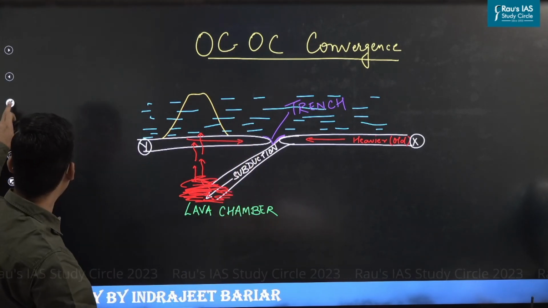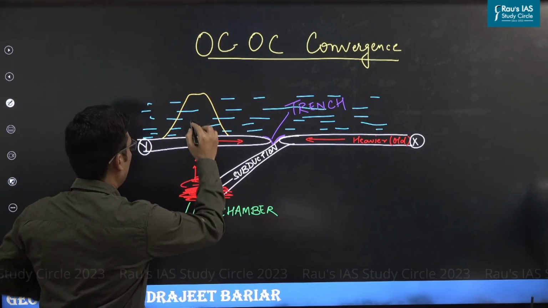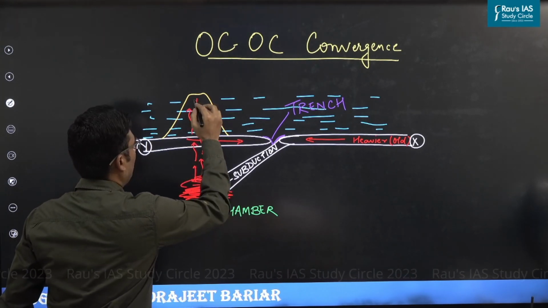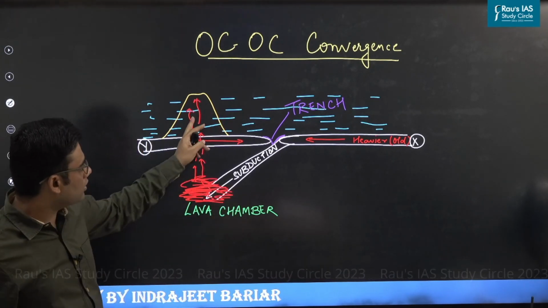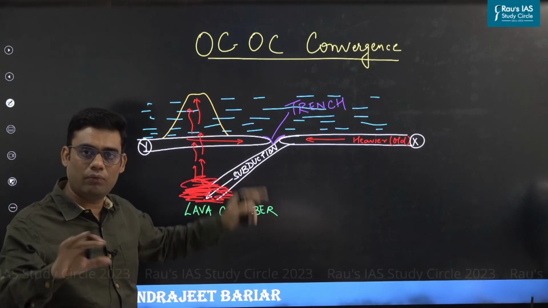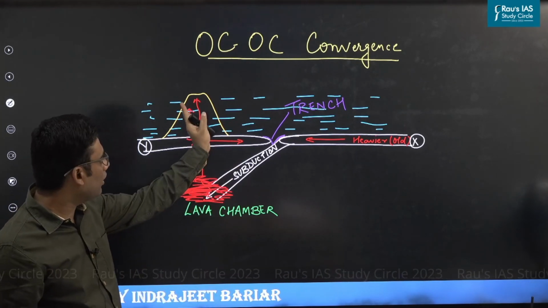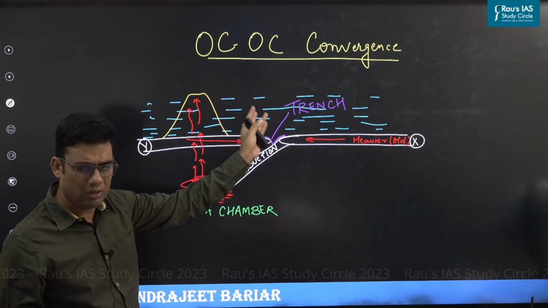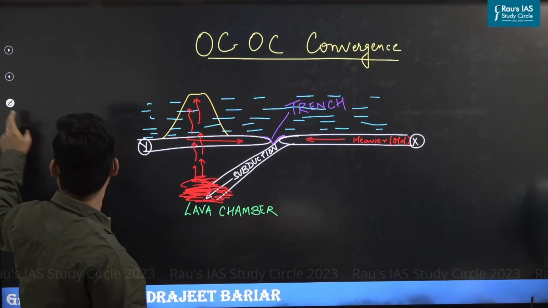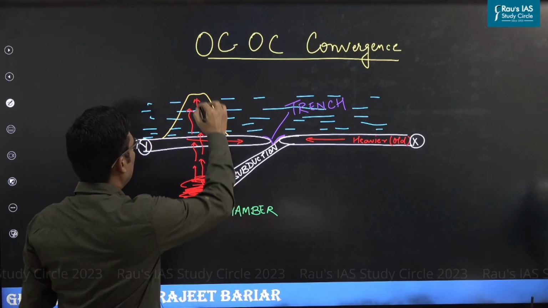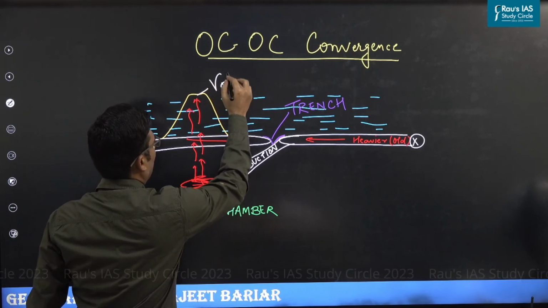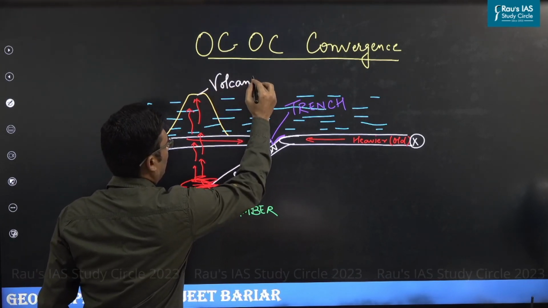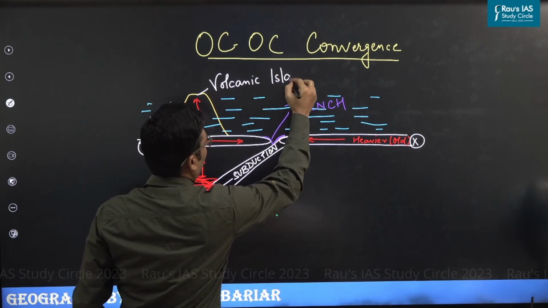So this volcanic mountain formed by the erupting lava over here, and when it comes above the sea level, then this is what we can call as volcanic island.